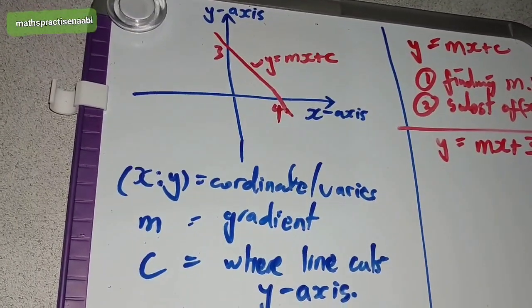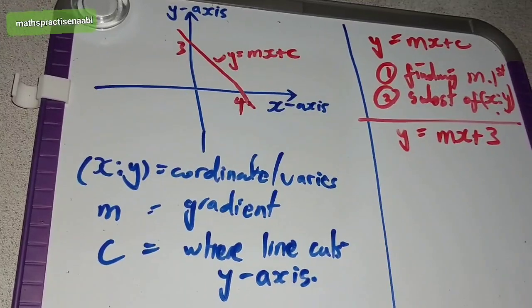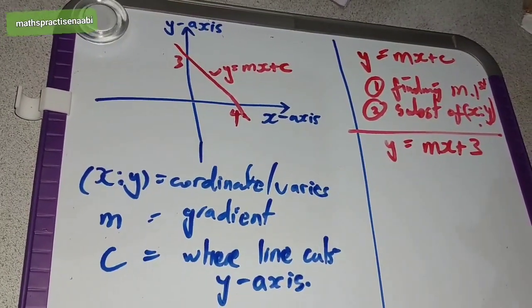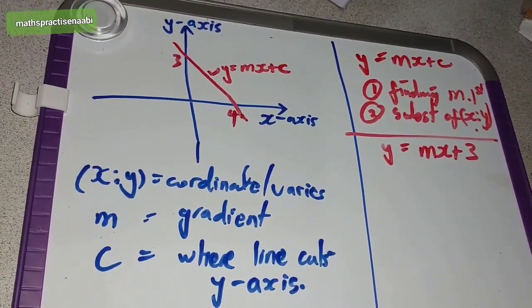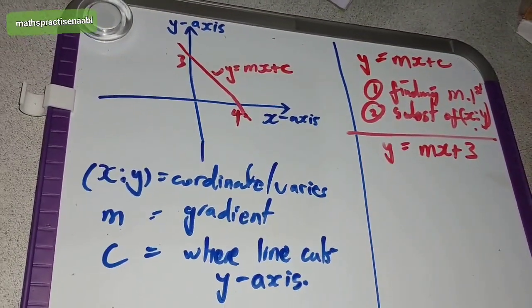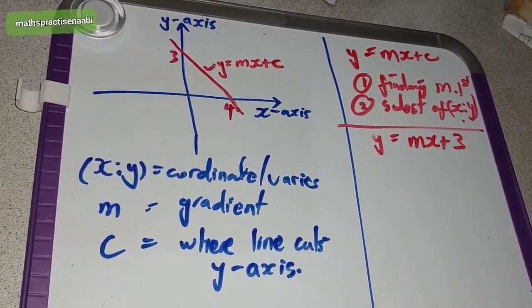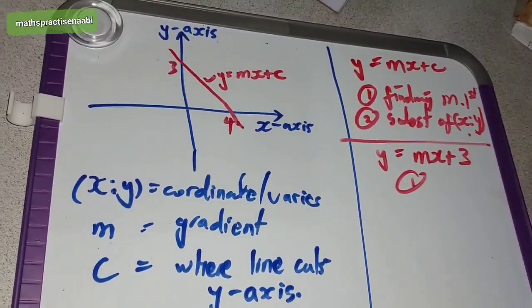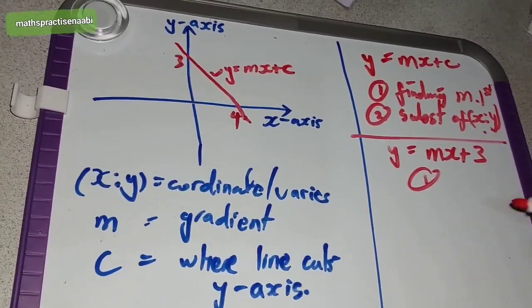Okay, so the next thing will be to find the gradient, right? The gradient can be found by finding m, or by substituting the x and the y so that you find m. It can be a long route, using method one. Okay, let's use the first method, finding the gradient.